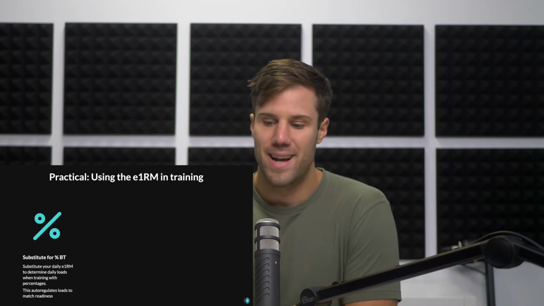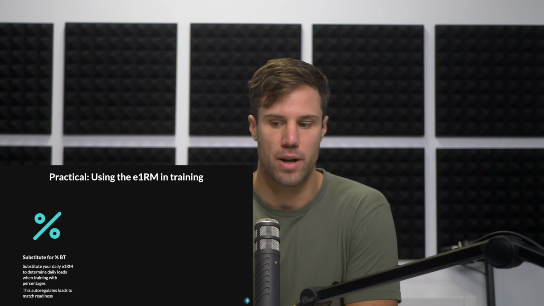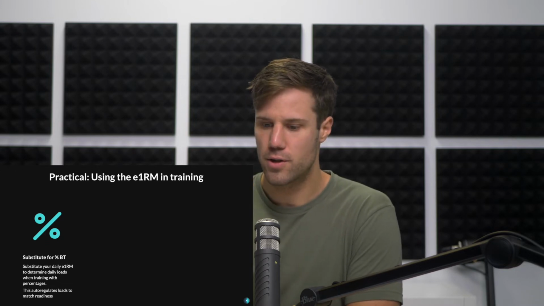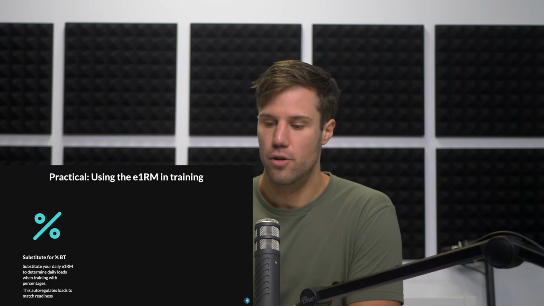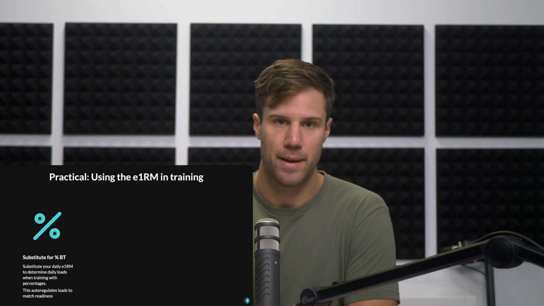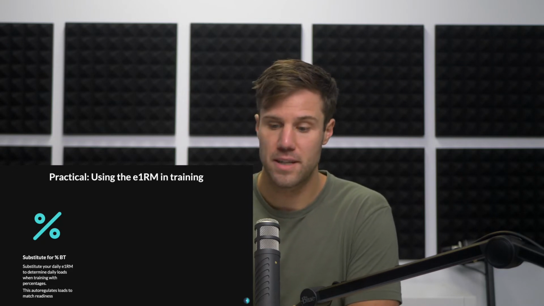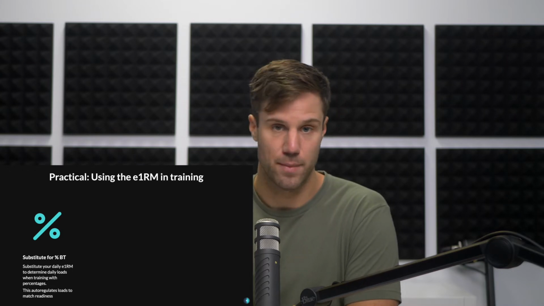So how might we use this estimated 1 RM in your training? Here's a couple of examples. You could use your day's estimated 1 RM as a substitute in a percentage-based training program. It's not the perfect way to use velocity in your training, but it's a pretty good start. You can use a daily estimated 1 RM, maybe after your 4th and final warm-up set or the first work set of the day. Use that to determine today's estimated 1 RM and then work backwards from that for your percentages.